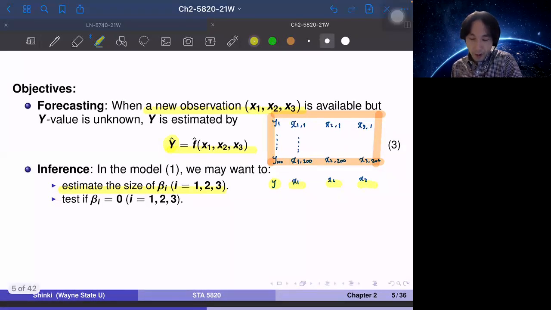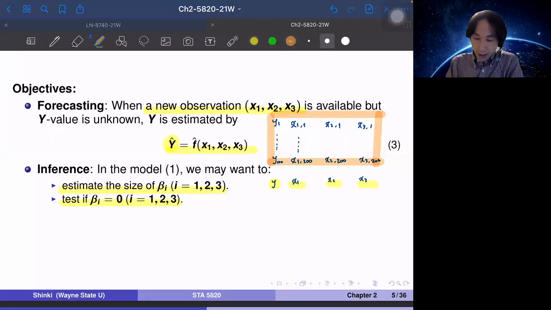But in inference, we would like to see what the slope is when we increase the TV advertisement amount by $1. How much does sales increase? We would like to know that. And also, we would like to test if beta i is equal to 0. If beta i is not significantly positive, then maybe companies want to abandon that advertisement channel.